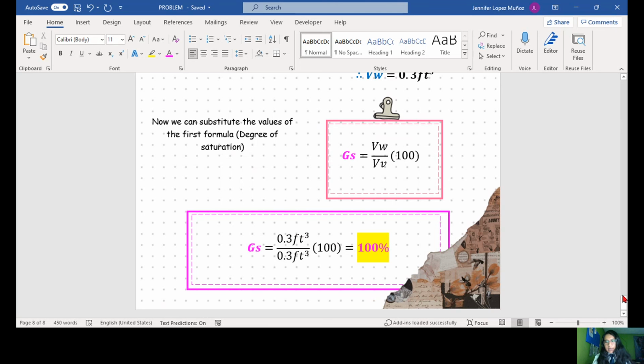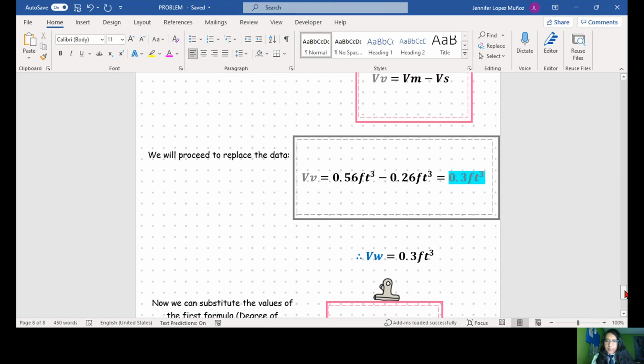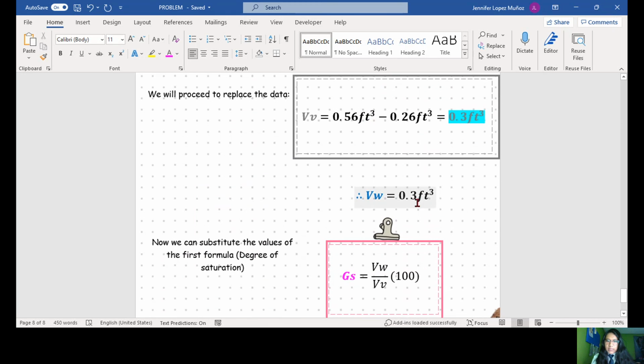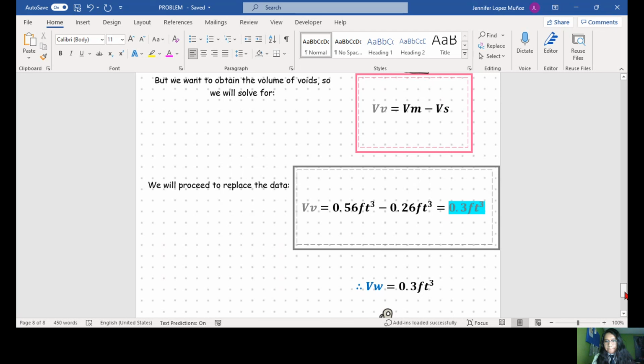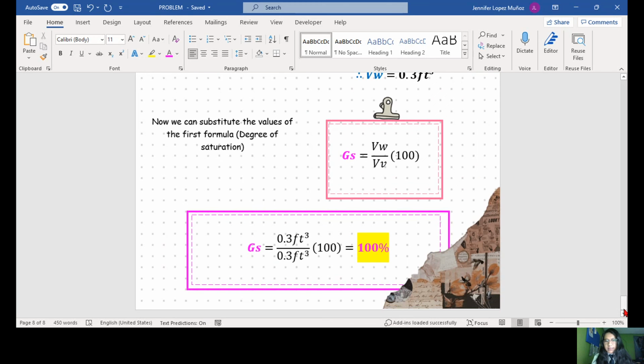In this case, replacing the data, the water volume is 0.3 cubic feet divided by the void volume, which is also 0.3 cubic feet, times 100.